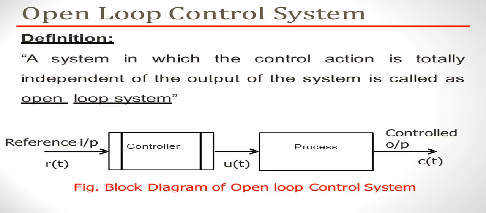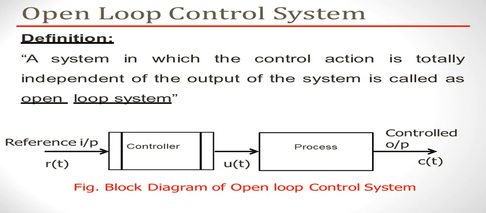Open loop control system. A system in which the control action is totally independent of the output of the system is called an open loop system. As shown in the block diagram, you can see there are two blocks, controller and the process. A reference input is given to the controller, then it is processed and we will get the controlled output.